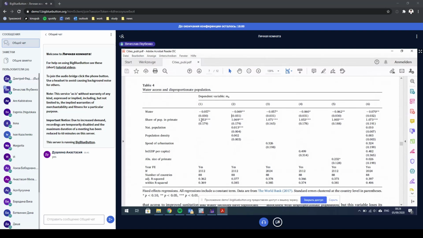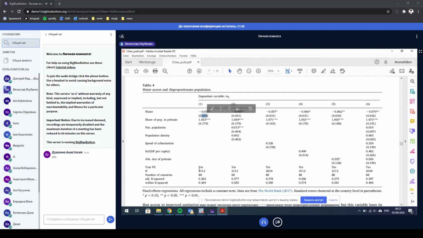For example, if the share of population living in the primate city is high, it intensifies migration further. And here you see it's a strongly significant coefficient. This coefficient is about 8 times bigger than the standard error. Here, it's a bit less than 2 times larger than the standard error.